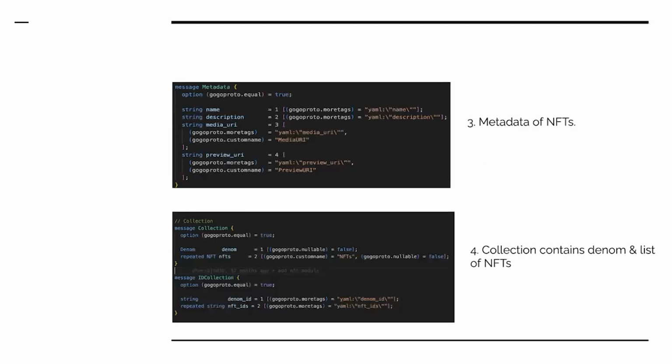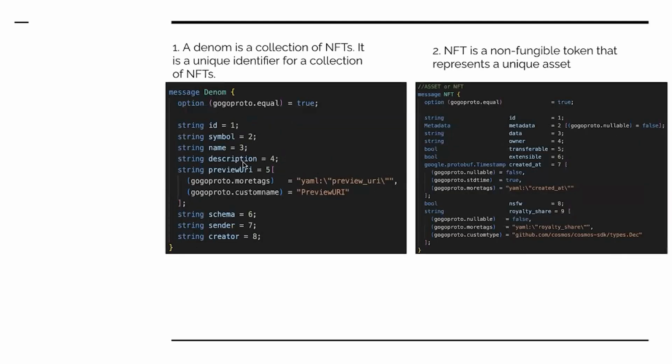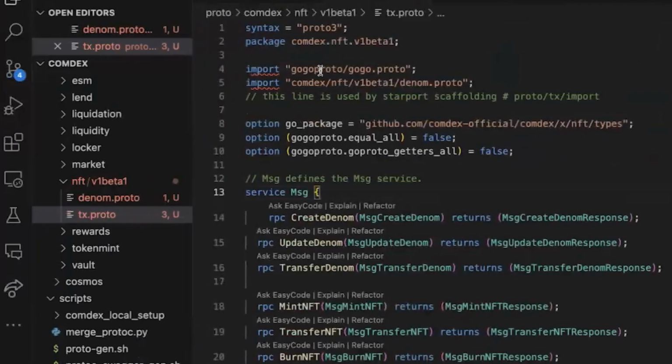So now we'll come back to this. What do these Go proto tags mean? First of all, gogoproto.nullable equal to false. What does this mean? gogoproto.nullable is an option provided by the gogoproto plugin, the Go Proto plugin for protocol buffers for the Go programming language.